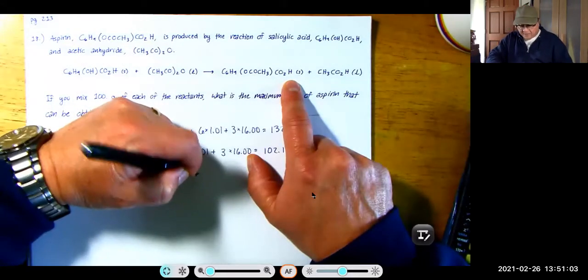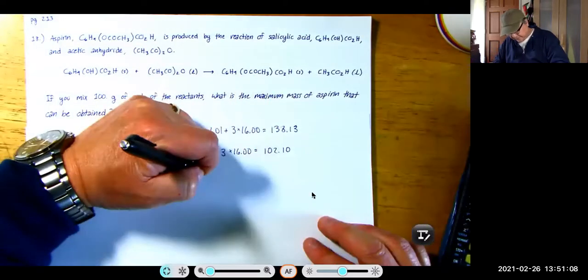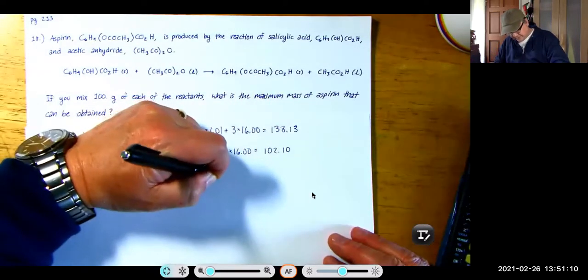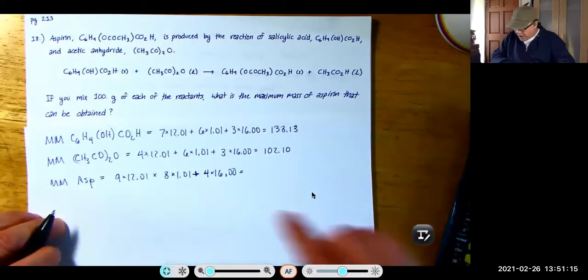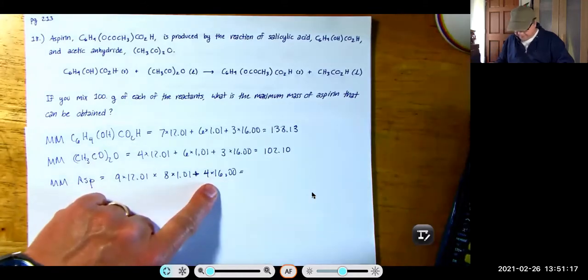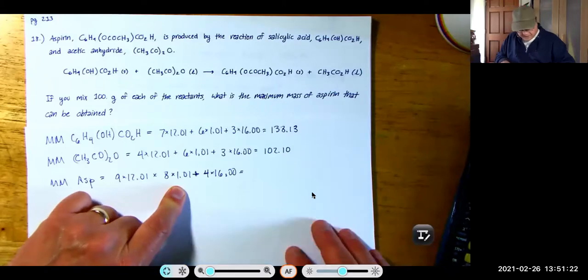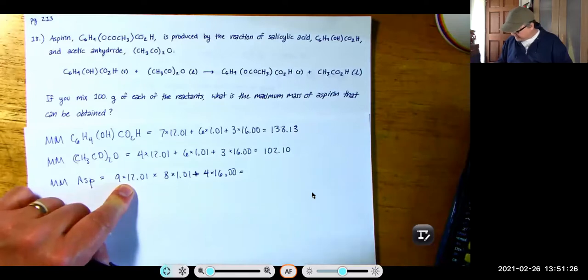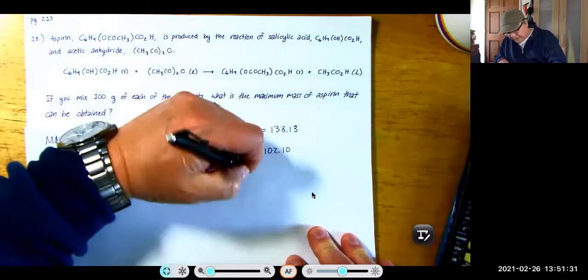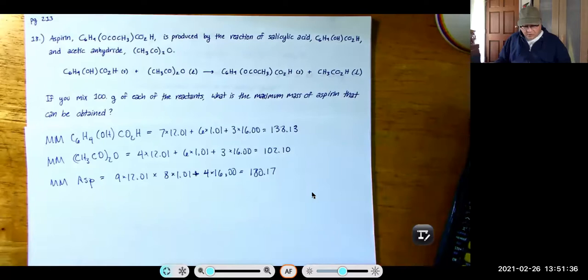And then we have 1 oxygen, 2 oxygens, 3, 4 oxygens. So 4 oxygens is 64 plus 8.08 plus 9 times 12 is 108.09. So I get 180.17. Okay, so now we're ready to go because we have the molar masses that we need.